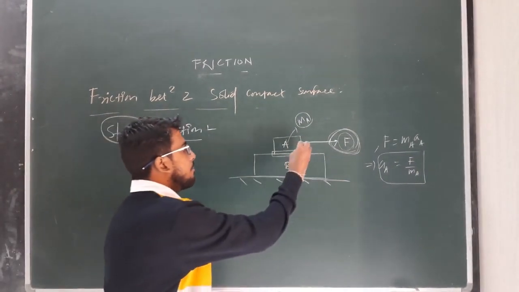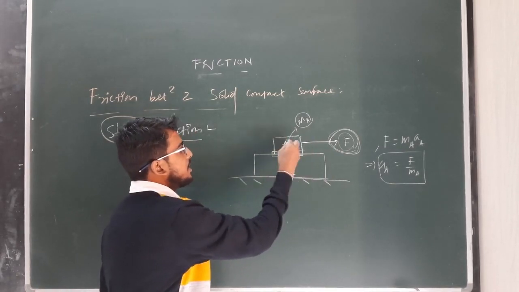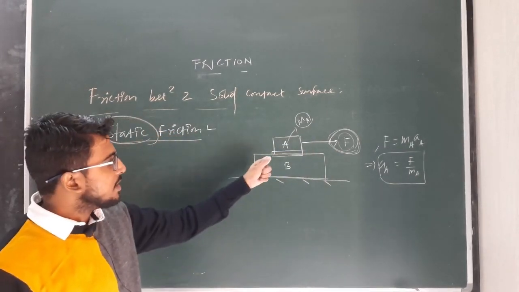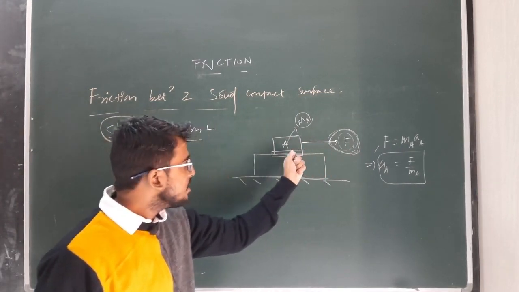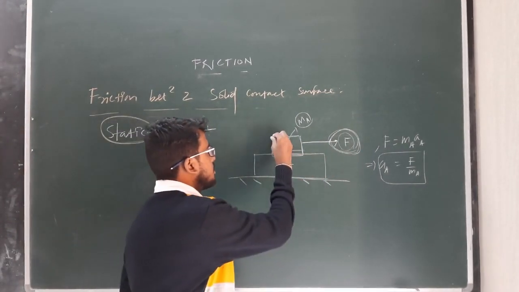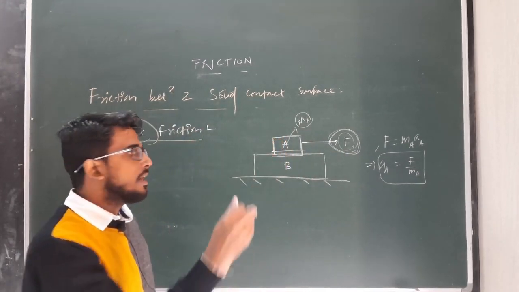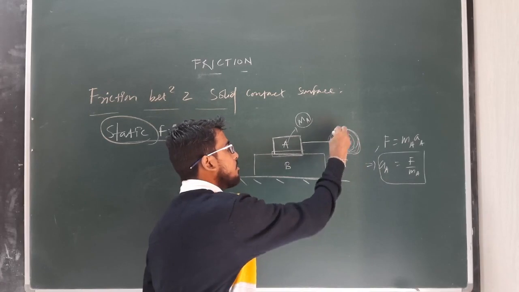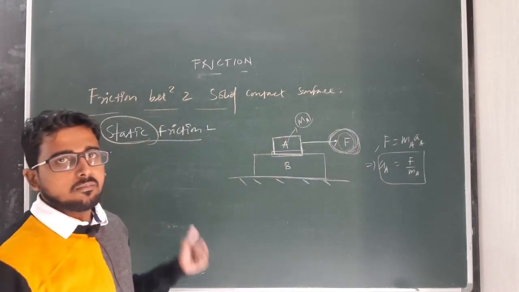So as here we are applying a force F, but still there is no motion experienced by the block A. That means there is a force which is opposing this external force, and as there is no motion, that means this block is already at rest even after the application of the external force F. That means the block is still in static position.